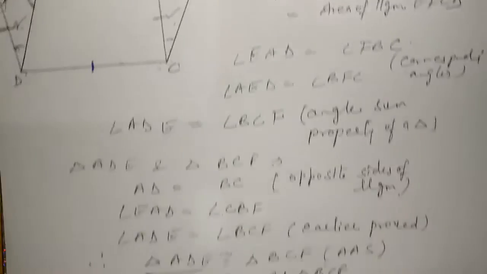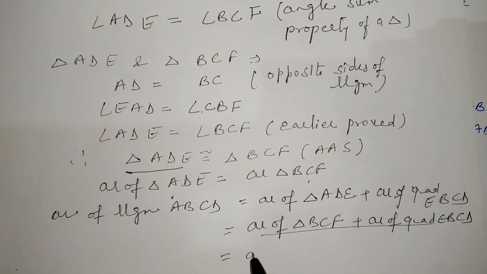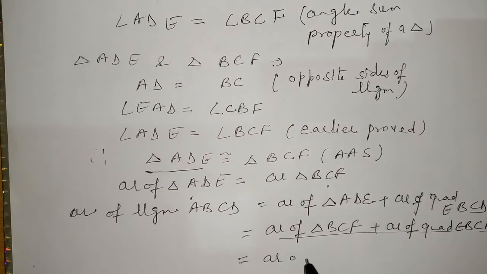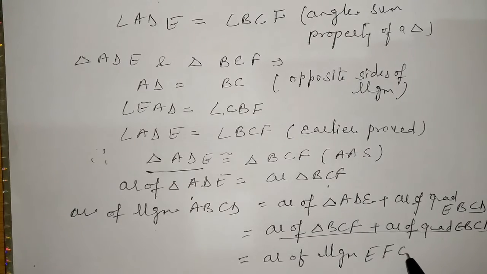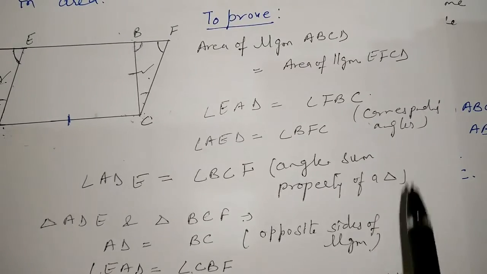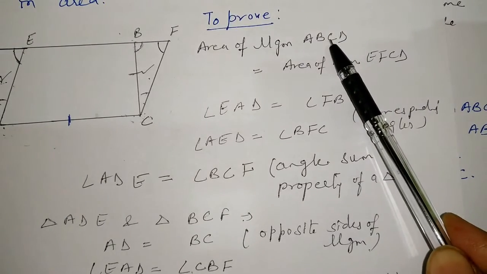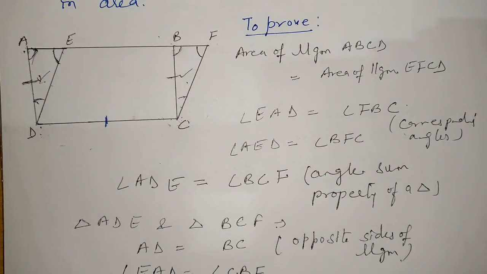So area of parallelogram ABCD is equal to area of parallelogram EFCD, and hence this was our theorem which we wanted to prove, that two parallelograms on the same base and between the same parallels are equal in area.